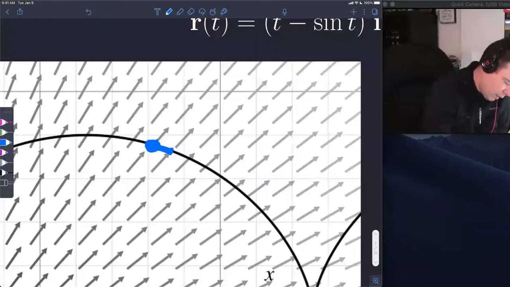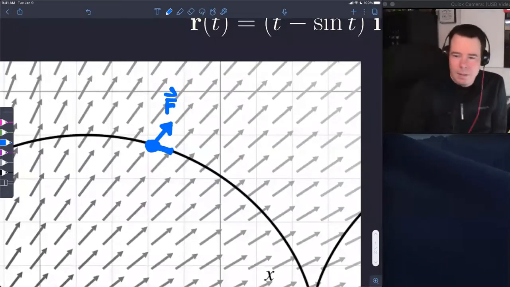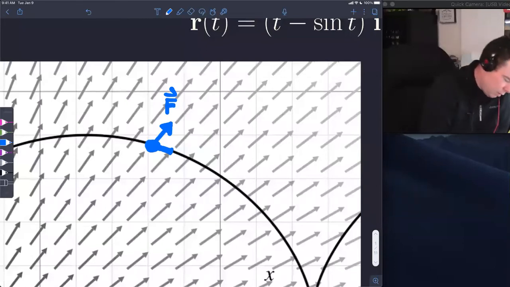So right now I have a force, I'll make this arrow a bit bigger. So there's my force vector. In this case, I will use capital F to denote my force vector. Now that's not entirely in the direction that the particle is moving in. The direction the particle is moving in looks like this.